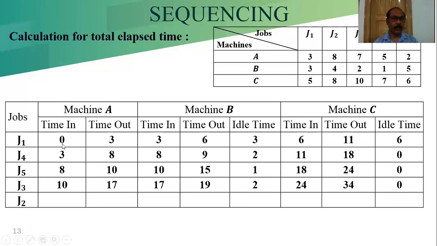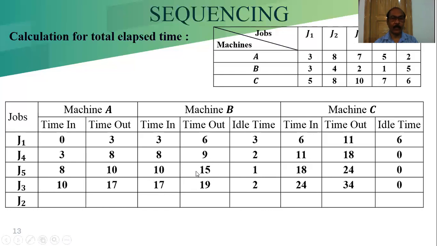Again, job 5 completed in machine B. That means for job 5, the timeout for machine B is 15 hours. But unless job 3 is completed in machine A, it cannot enter or start in machine B. So job 3 will start in machine B at 17 hours.